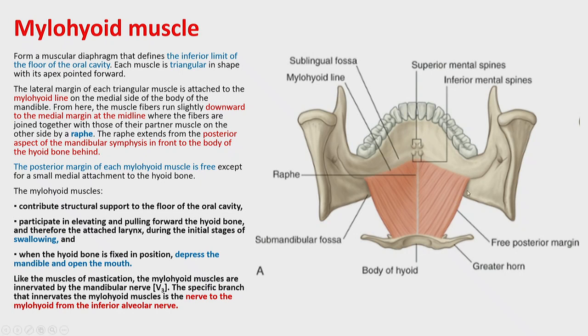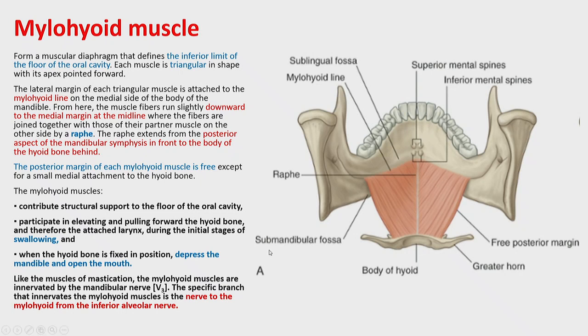Don't forget the free posterior margin of the mylohyoid muscle. And this is the place where the submandibular gland, which is outside under the mandible, is turning over the mylohyoid muscle and going inside to the oral cavity. So this is the mylohyoid muscle.